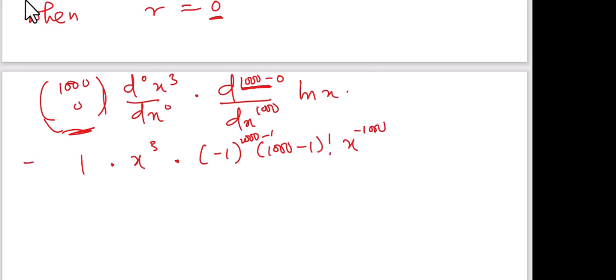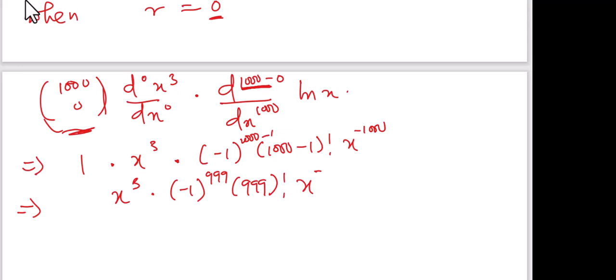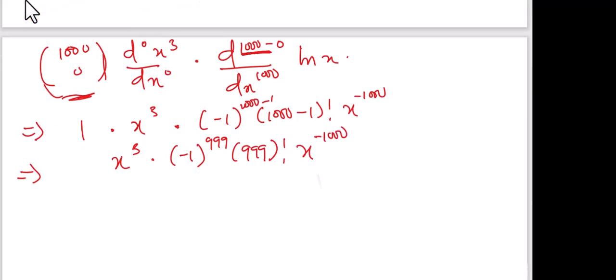So this will imply that we will have x cube times negative 1 power 999, then 999 factorial x power negative 1000, like this.